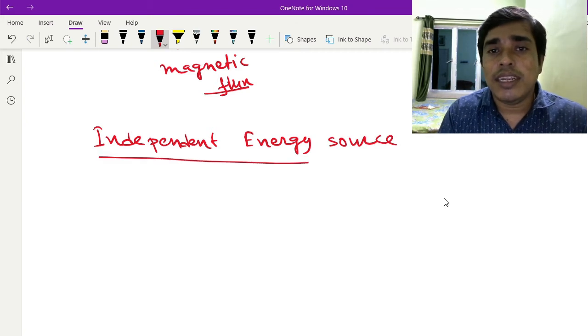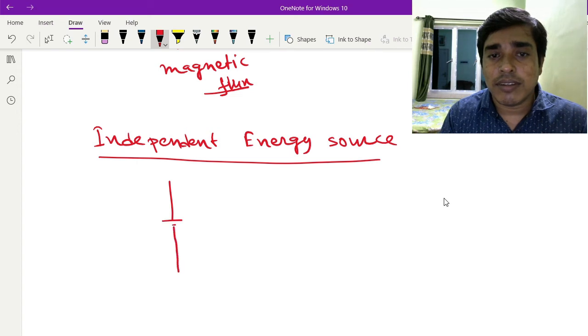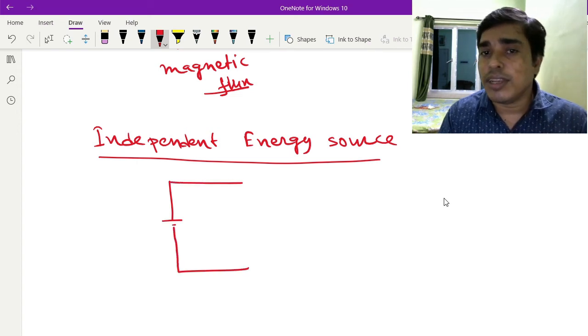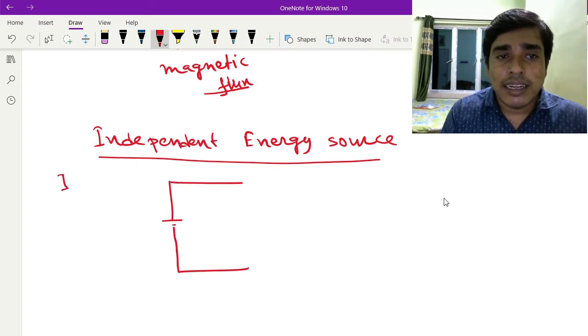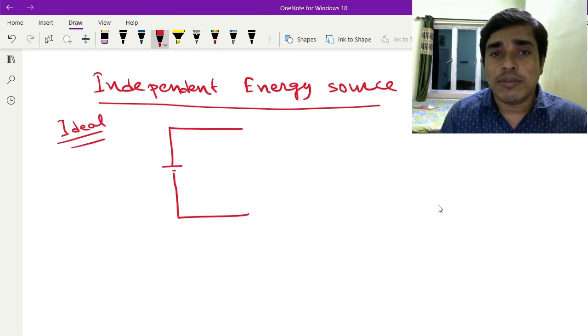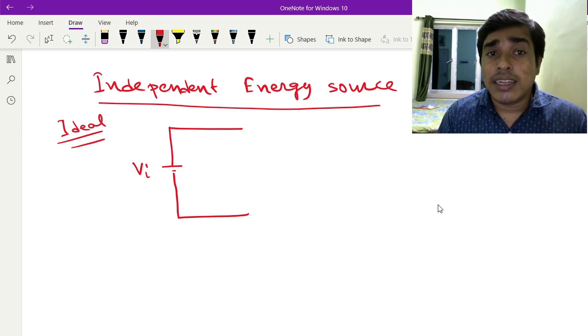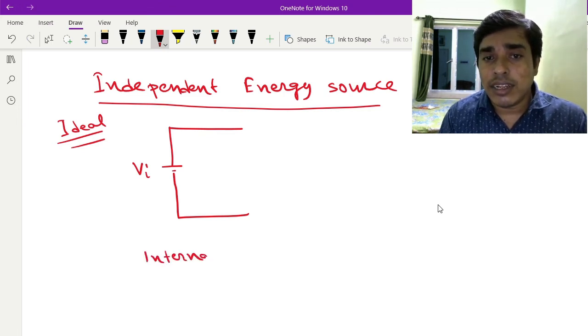For an independent energy source, suppose this is a voltage Vi. For an ideal energy source, the internal resistance is 0.